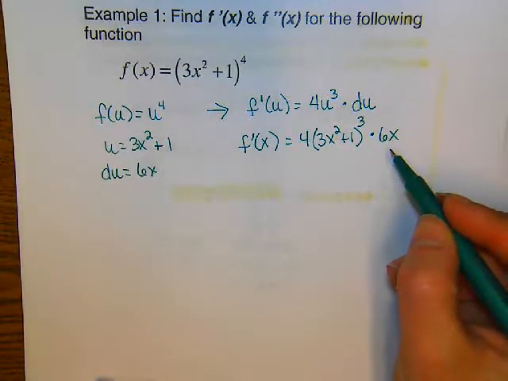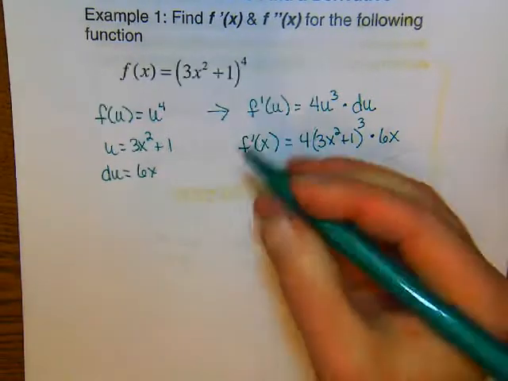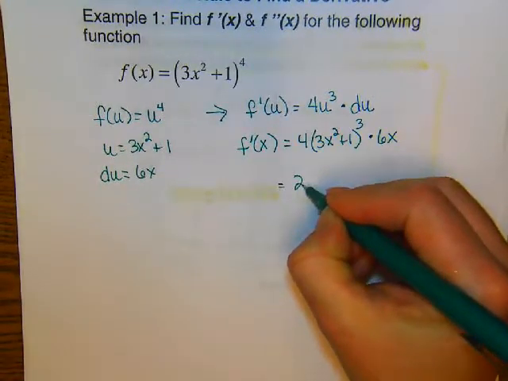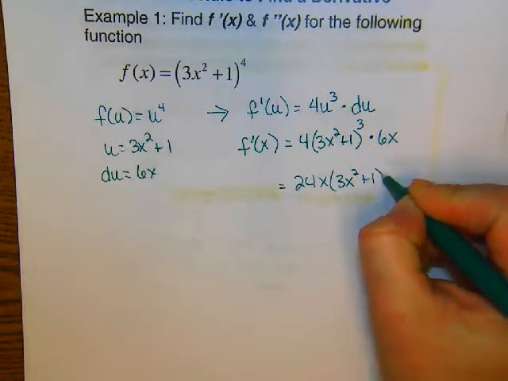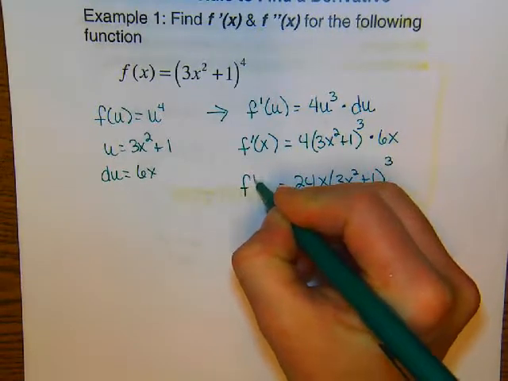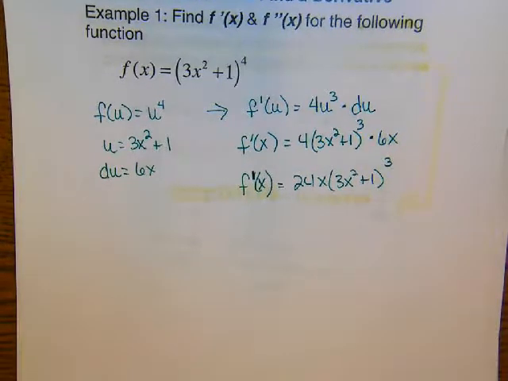Well, can't we just do 24x and put it in front? Yeah. 24x, 3x squared plus 1 to the third. That's the first derivative. Where it becomes a lot of work is with the second derivative. That's where it becomes a lot of work.